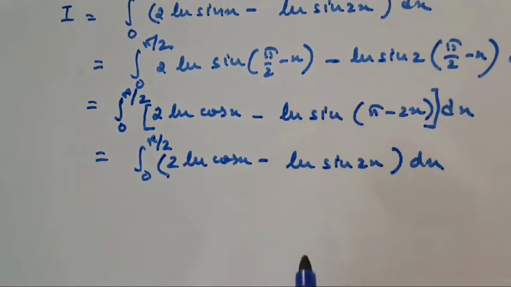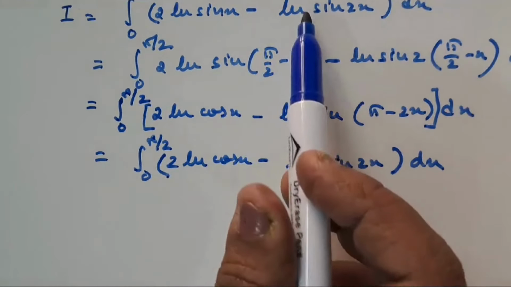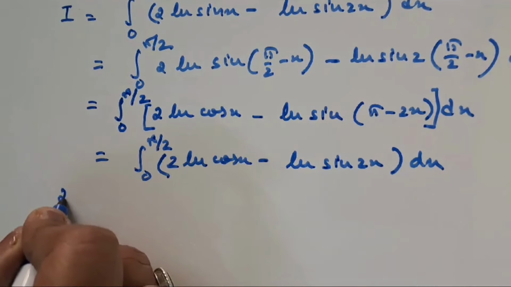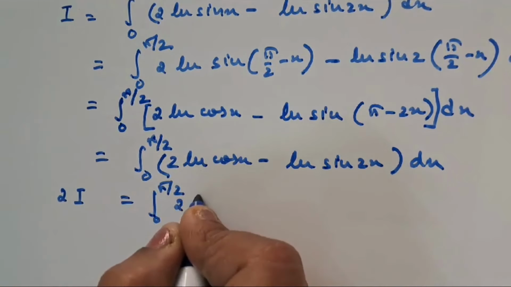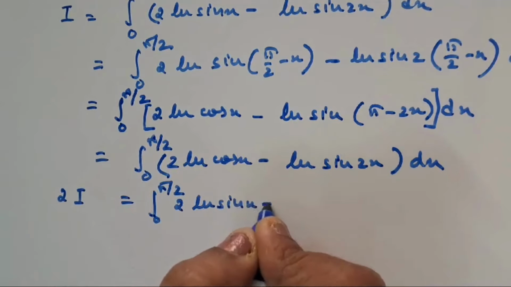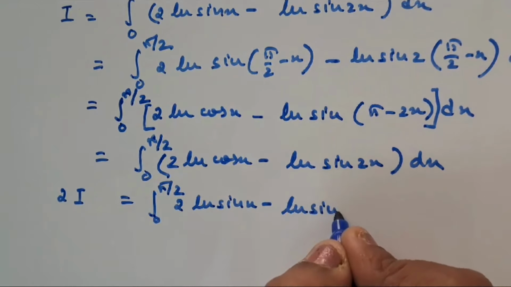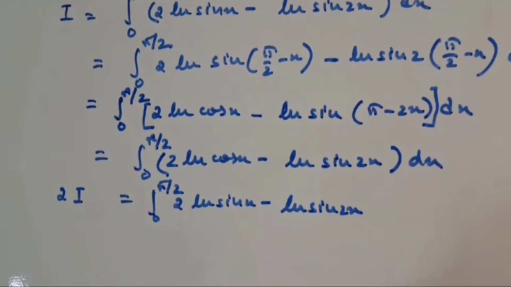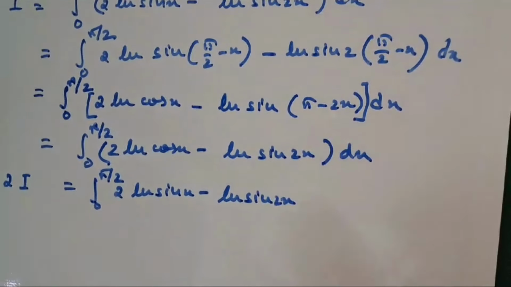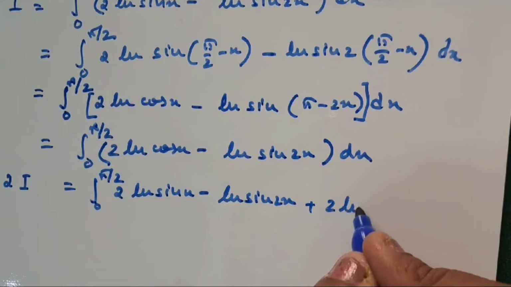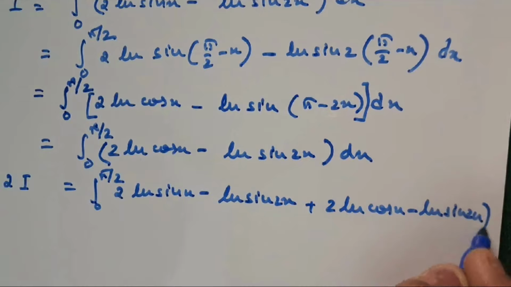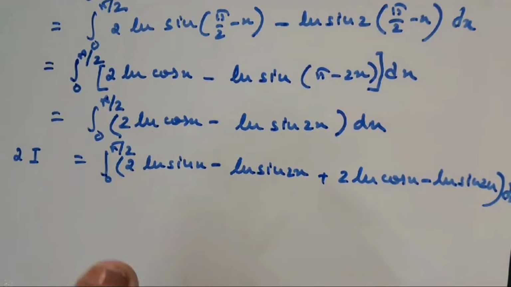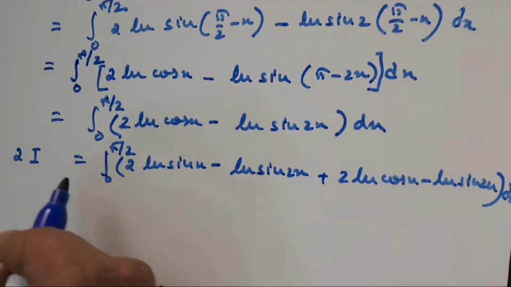Now what I am doing, I am adding this I and this I. So I plus I is 2I, integration 0 to pi by 2 ln of sin x minus ln of sin 2x. Since the limits are same, I am taking them under the same integration, plus ln of cos x minus ln of sin 2x dx.